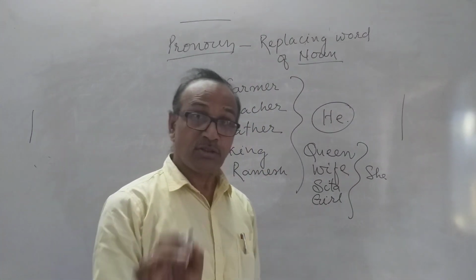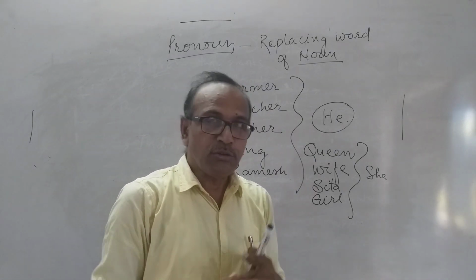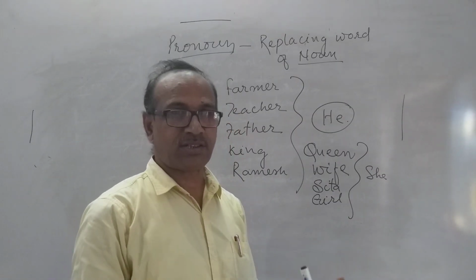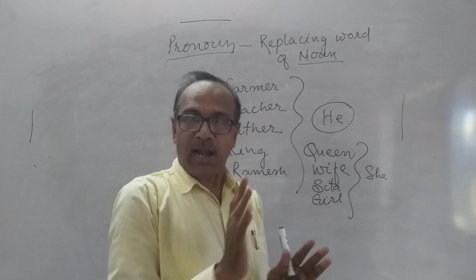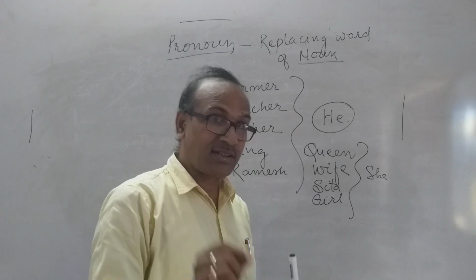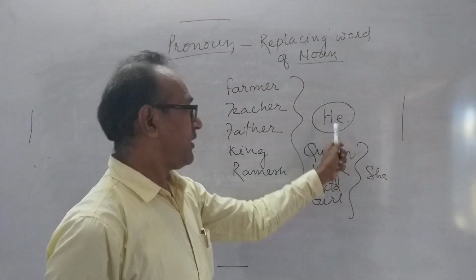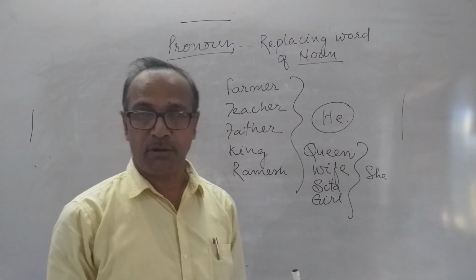Is it clear? So this is the definition of a pronoun. Make it simple by understanding, not by hearing or remembering, but understanding is important. So here he and she represent pronouns.